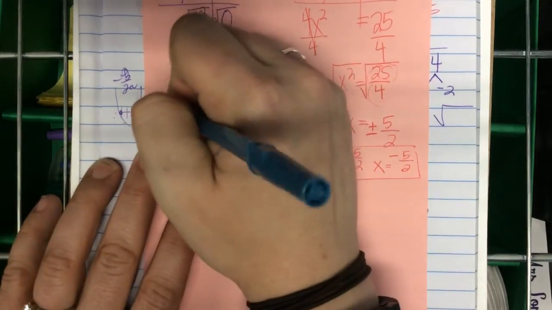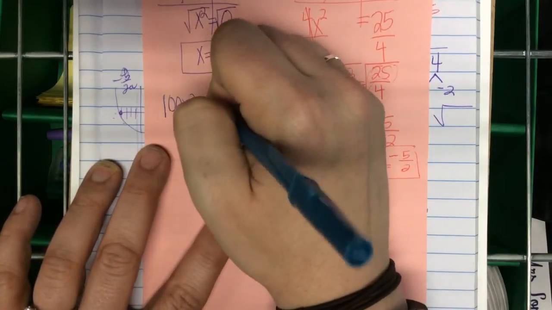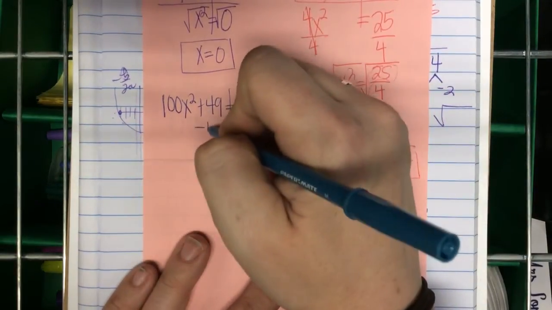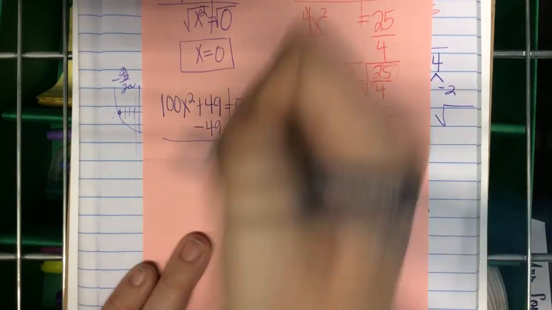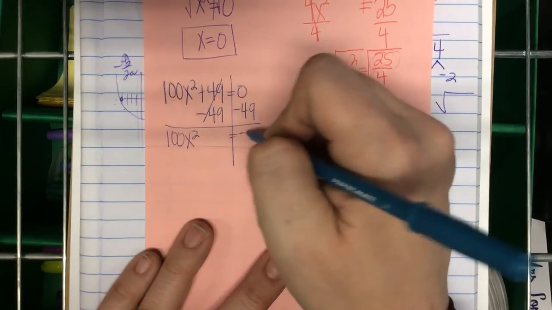Let's try this one. 100x squared plus 49 equals 0. It's quadratic. So I want to isolate x squared. What do I move? Subtract 49 from both sides. And I get 100x squared equals negative 49.